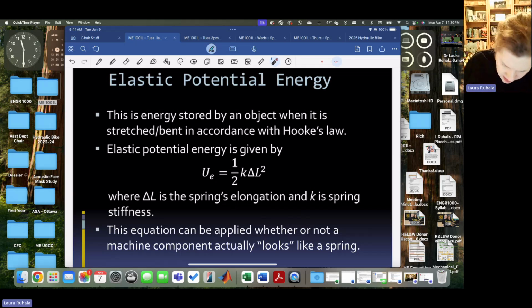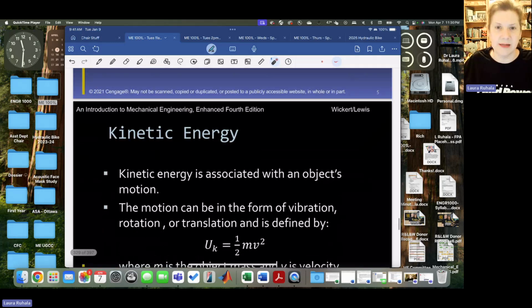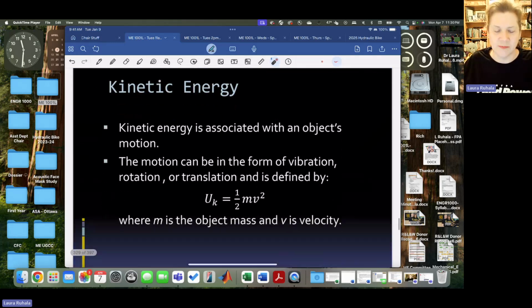The equation looks a lot like the kinetic energy equation: 1/2 times the spring stiffness times the spring's elongation squared. You can use this equation even if your component doesn't actually look like a spring. You could have a beam and it would have some elastic potential energy.